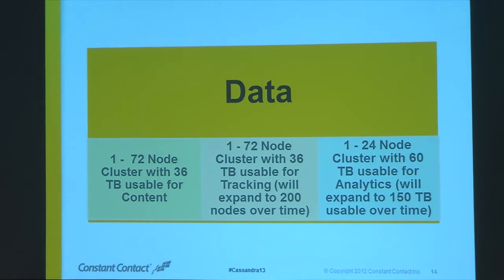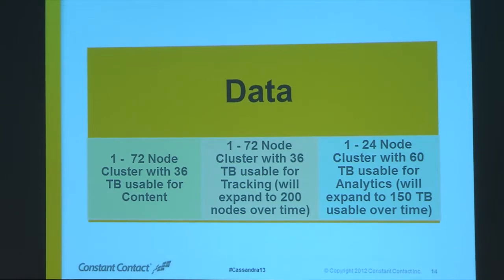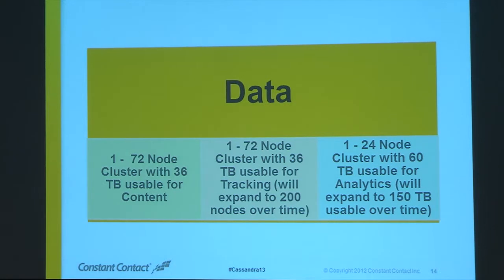So that cluster will grow first to double the size and then about triple the size over the next 2 to 3 years. And then there's a fairly small cluster with higher density. We replicate those tracking events too. We're using Cassandra, we're using DSC, and we're using Hadoop Analytics on top of that. And that cluster will about triple over the next 2 years.